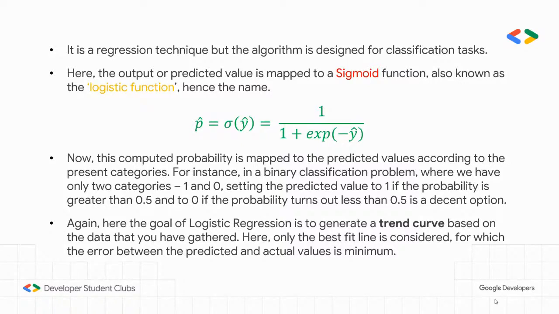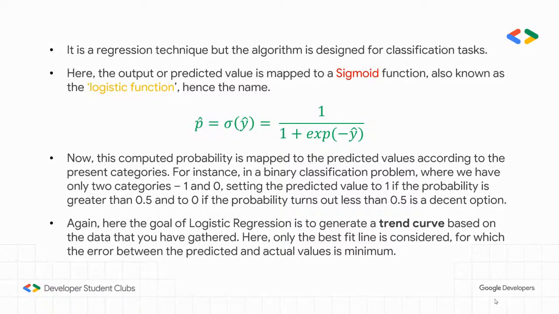So this gives us the predicted or computed probability, because the sigmoid function limits the result between 0 and 1. So this gives us the probability of occurrence of a specific class.